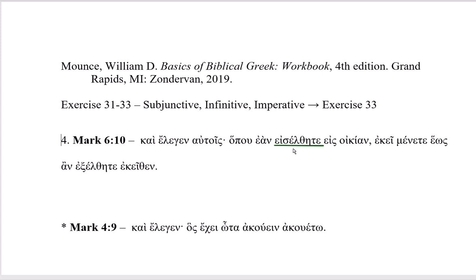This is a second aorist. We've got the elth from erchomai, so it's a second aorist active subjunctive.